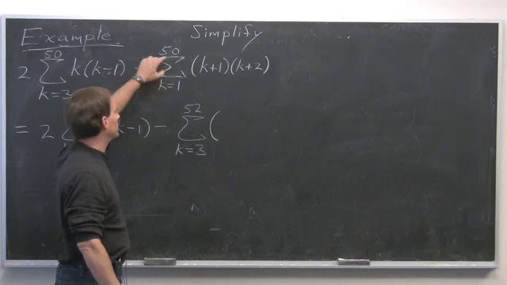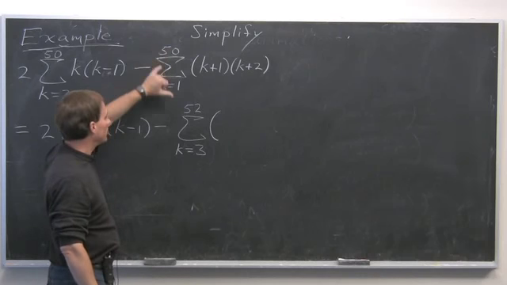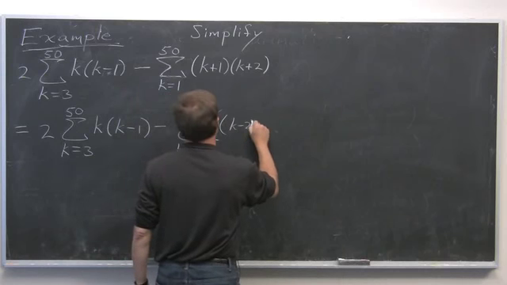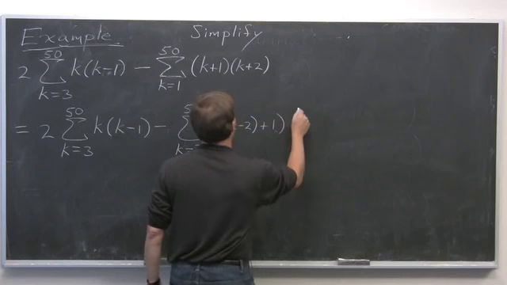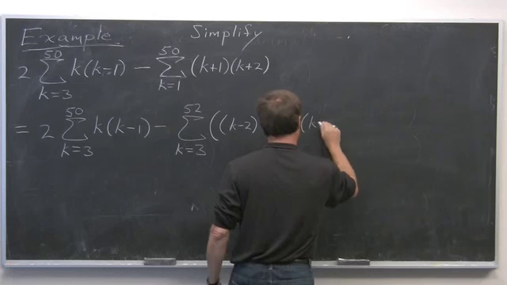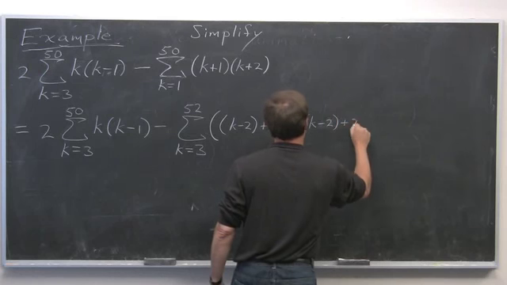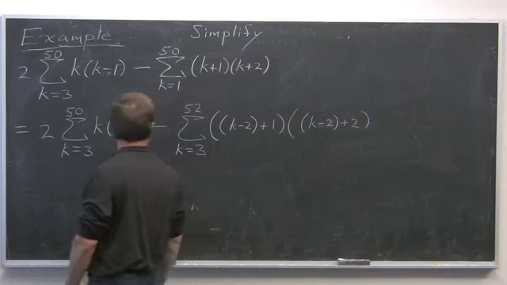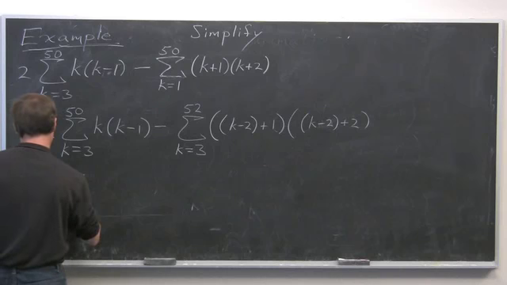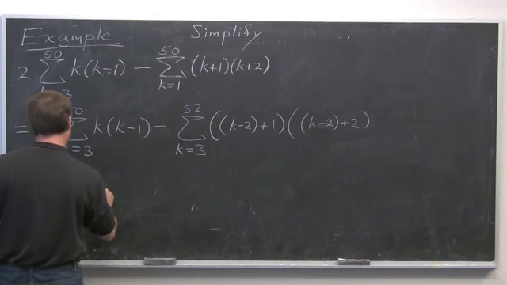I add 2 to each of the indices, each of these bounds, but I subtract 2 from the k, so I replace k by k minus 2 plus 1, and I replace the k by k minus 2 minus 2 plus 2. So what does that give you? It gives you 2, and the sum is k goes from 3 to 50 of k times k minus 1.